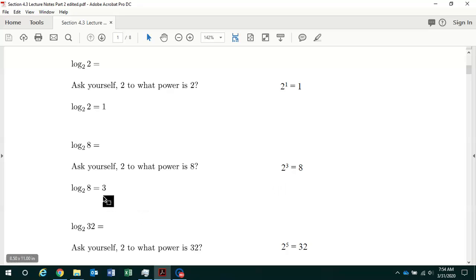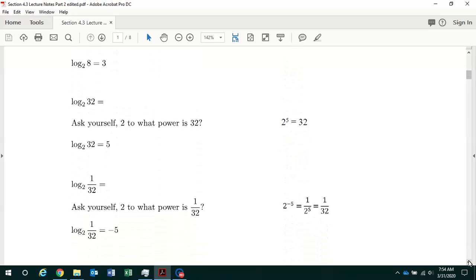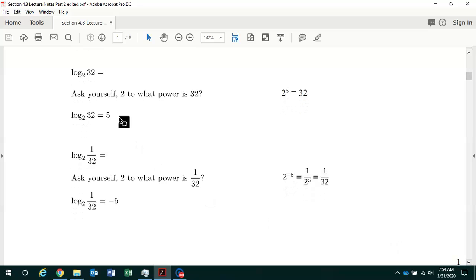And so what the logarithm is equal to is the exponent in the exponential. What's the log base 2 of 32 equal to? Well, we know 2 to the 5th is equal to 32, so log base 2 of 32 has to equal 5, right? 2 to the 5th power is equal to 32.